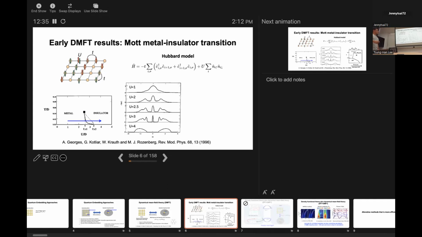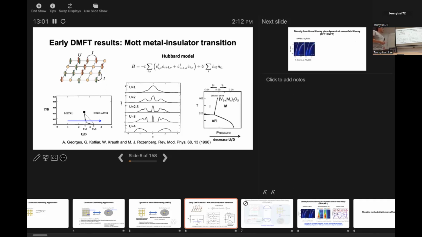And the band at the Fermi level becomes narrower and narrower, indicating that the electron effective mass becomes very large and they become very localized. And once we pass through the critical interaction, we will have a gap and the system will become an insulator, which is known as a Mott insulator.